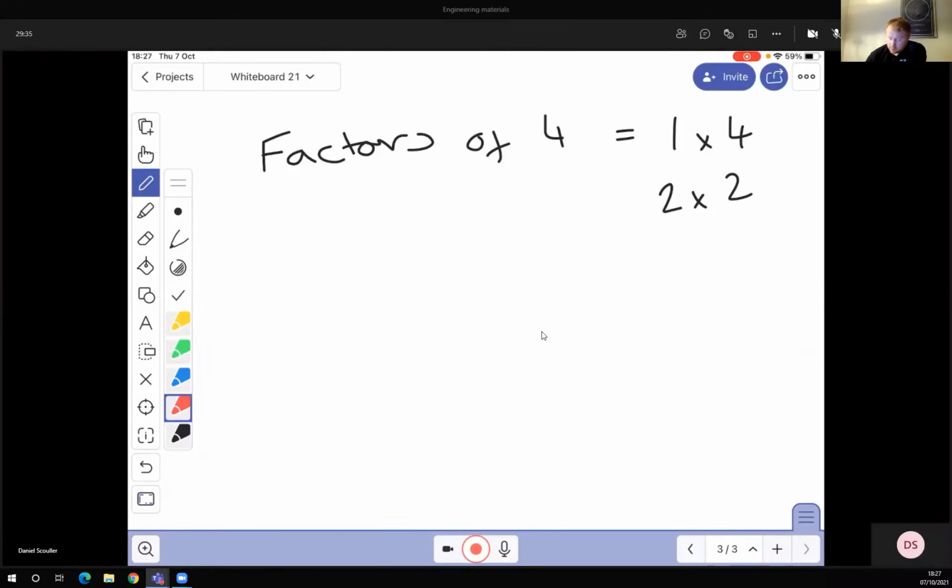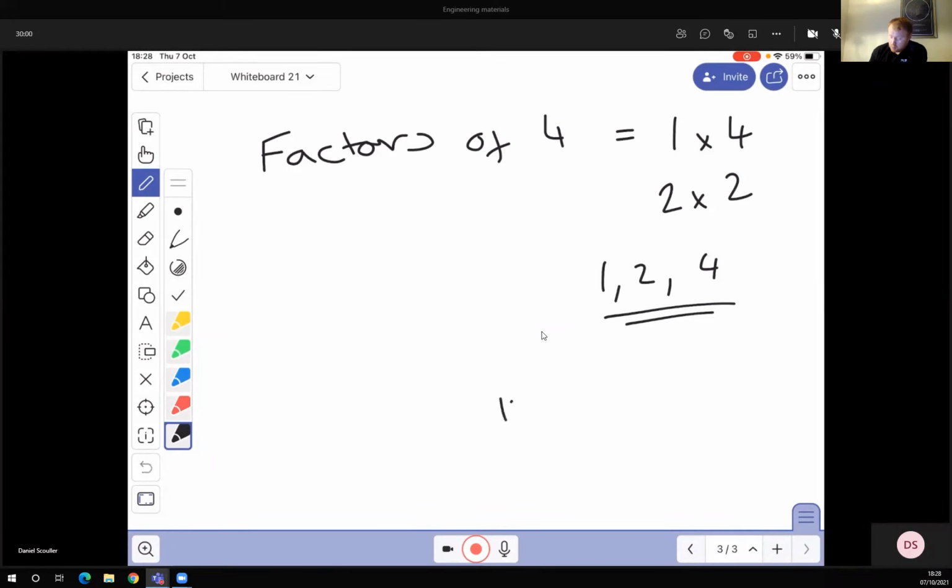So your factors would be 1, 2, and 4. 3 wouldn't be a factor because you can't multiply it into 4 without having a remainder. Nothing multiplies by 3 to give you 4 unless you start using decimals. So factors of 4 are 1, 2, and 4.